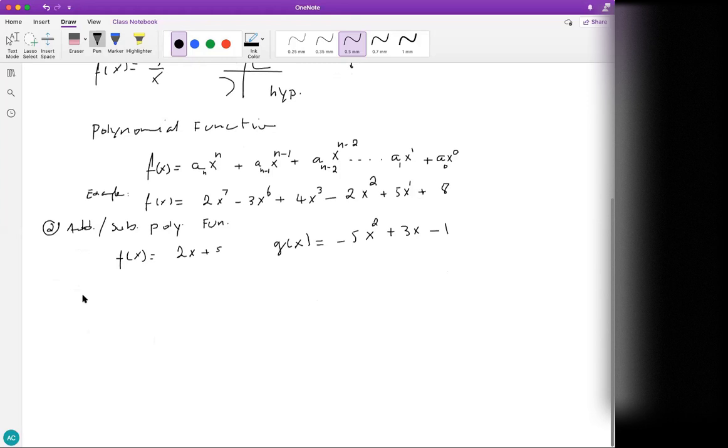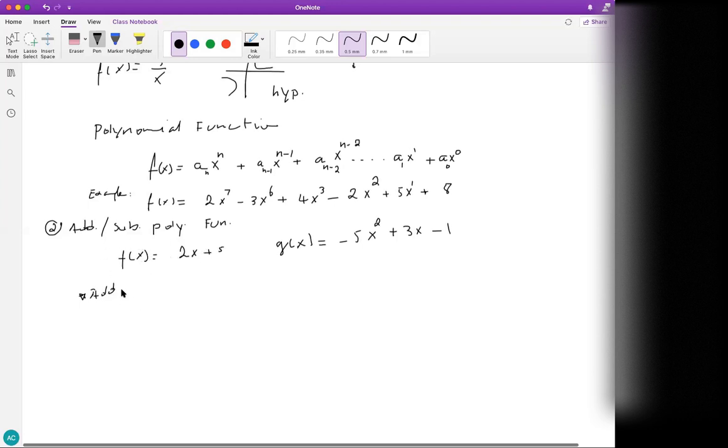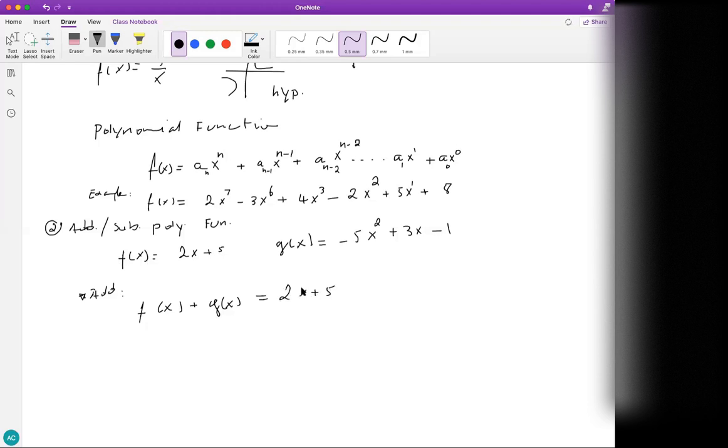So we could add these very similarly to adding polynomials, because these are again just polynomials with these notations next to them. So if the question says find f of x plus g of x, all that means is you write f of x, so f of x equals this expression, and addition, and g of x, which happens to be this, so I'm going to write all those terms.